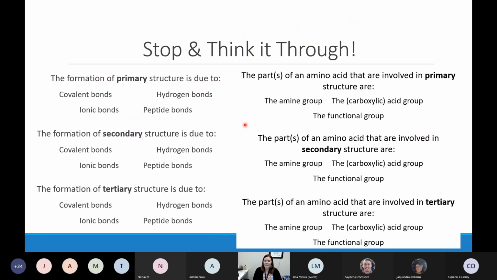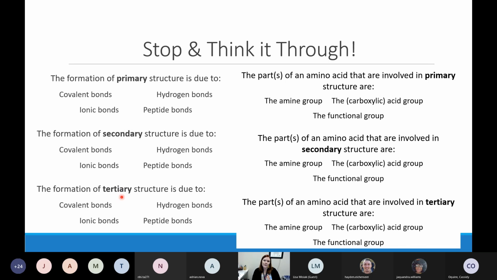I'm not going to take class time to do this activity with you, but wink, wink, nudge, nudge. This is really great prep for the quiz that we'll take next week. We have talked about primary structure, secondary structure, and tertiary structure of our proteins.